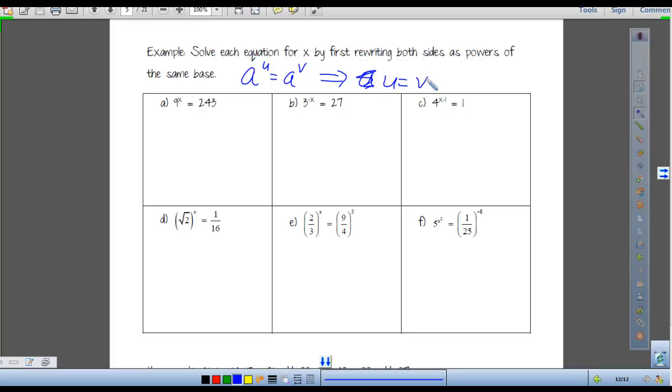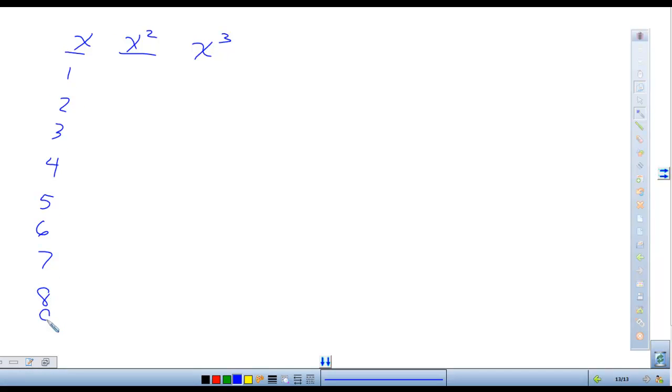when we get 9 to the x and 243, let me stop for a second and do something that should help us. We should be familiar with powers of a few numbers. Okay, so obviously 1 squared is 1, 2 squared is 4, 3 squared, and actually that's not how I want to do this.